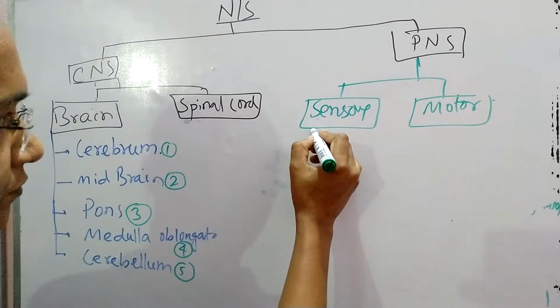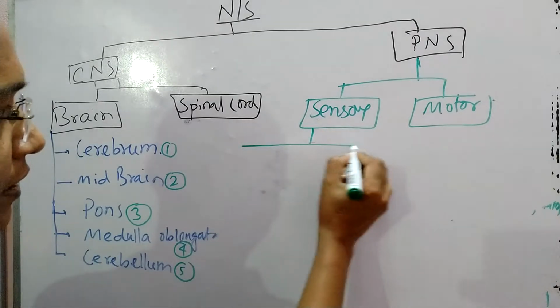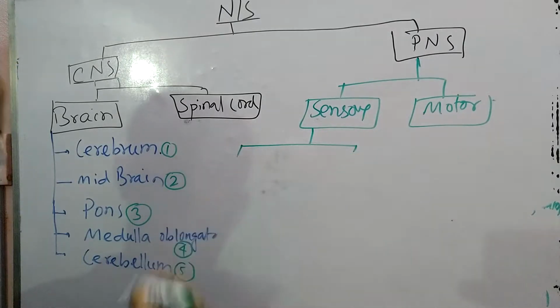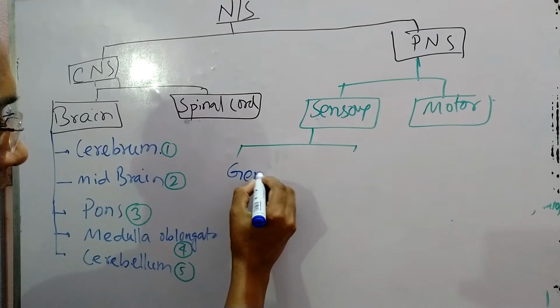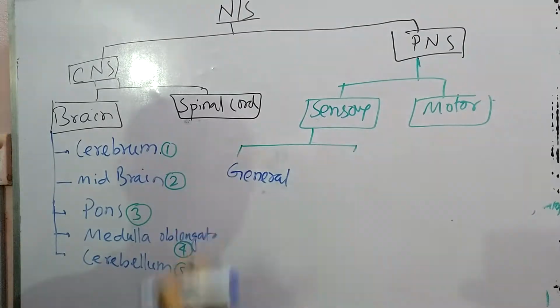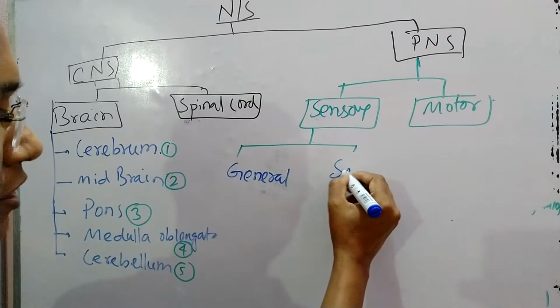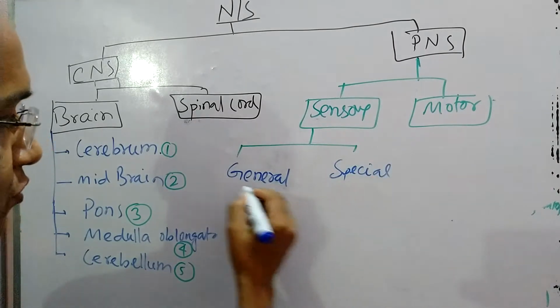Sensory system can be divided into general sensory and special sensory. Number one, general sensory and special sensory.